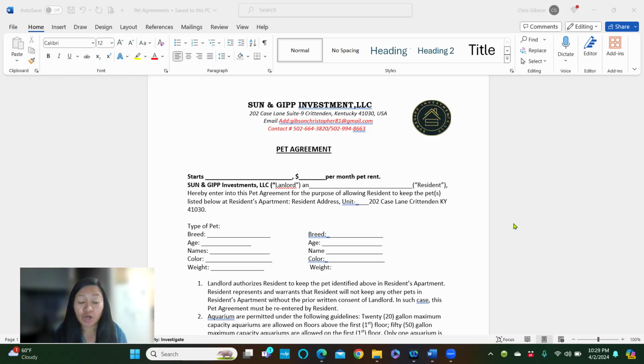You must have your own policy and restrictions, because it's your rental property, as long as you follow state law.